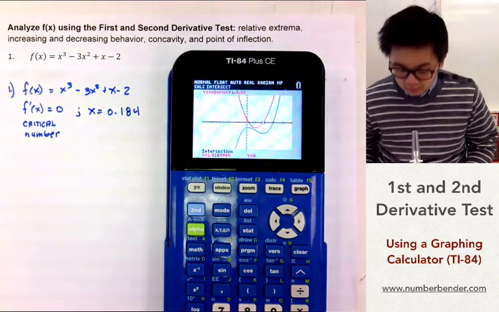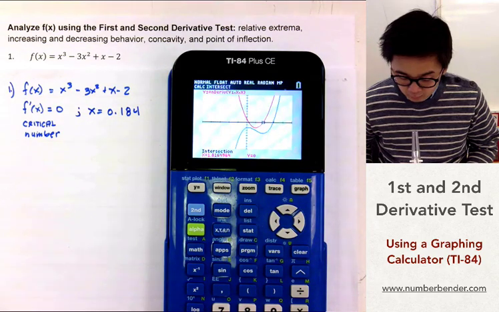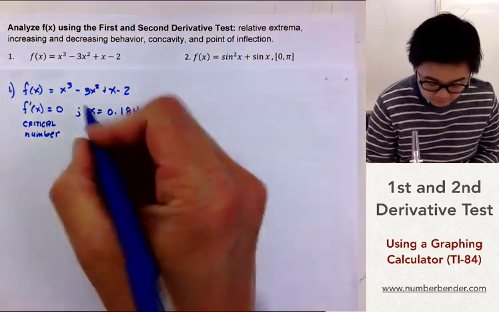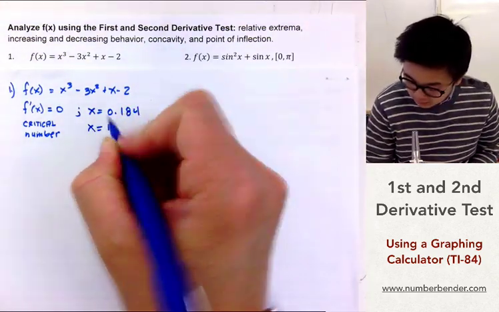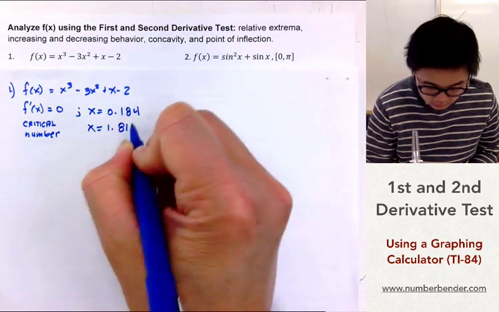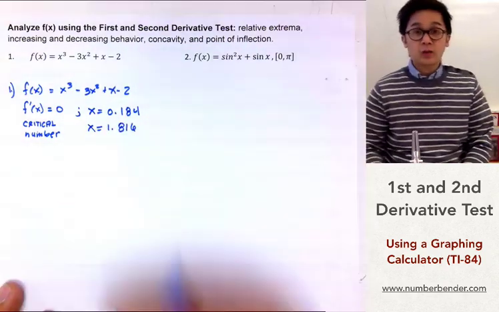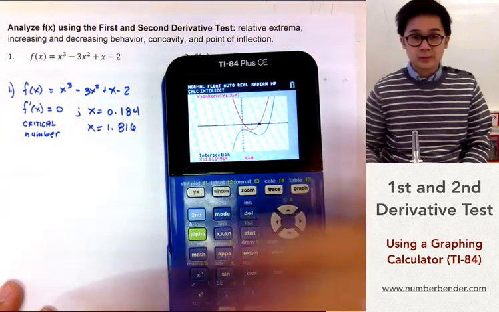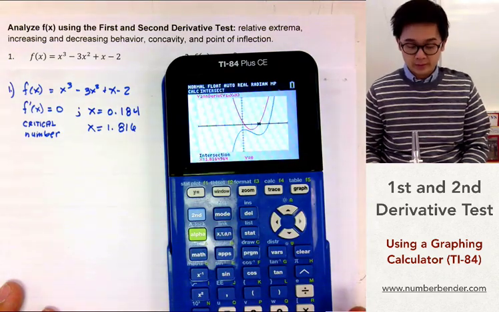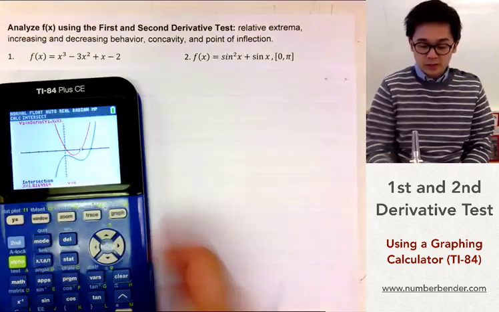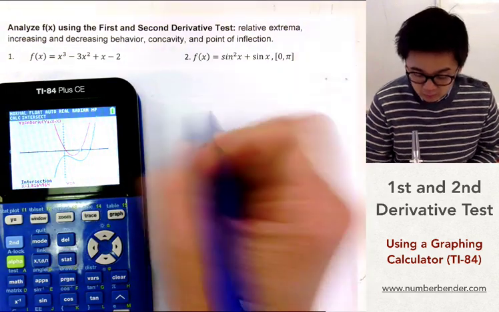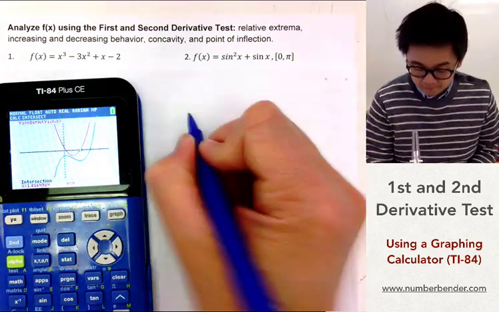And the second critical number is at 1.816. So these two are our critical numbers based on our derivative graph, where f prime of x is equal to 0. Now we can use our sign chart to identify our local max and local min.